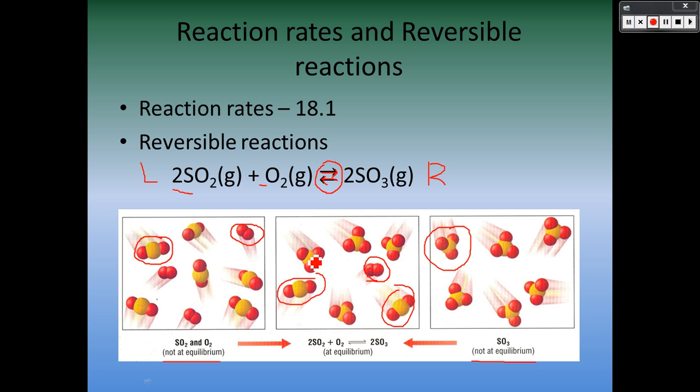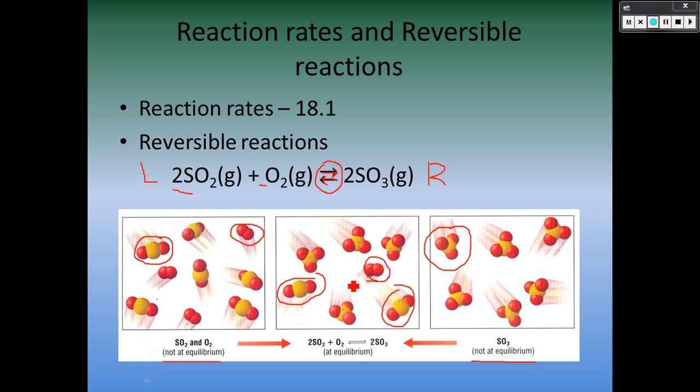But now notice the SO3s, there's 1, 2, 3, 4, so there's twice as many SO3s here as you would expect in this kind of 1-to-1 ratio with the SO2. So here, there's 6 SO3s. Here, there's 6 SO2s. But here, there's 2 SO2s, and there's 4 SO3s, meaning there's twice as many.